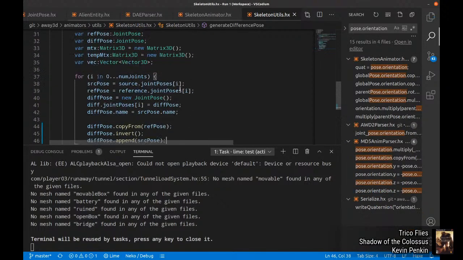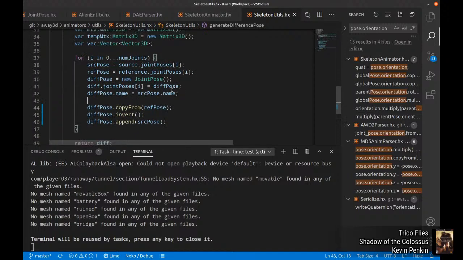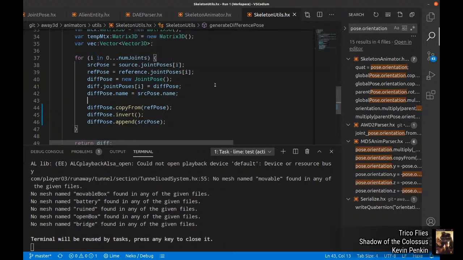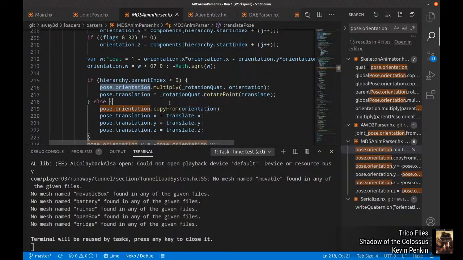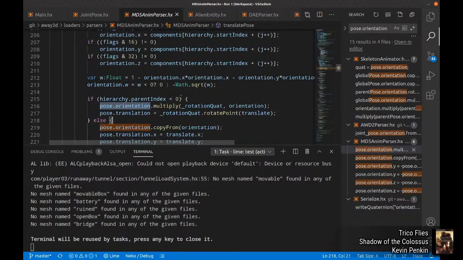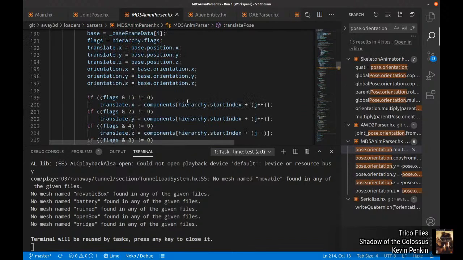So much of this code will be simpler if everything just permanently stays in matrix 3D form. This is going to be a problem.